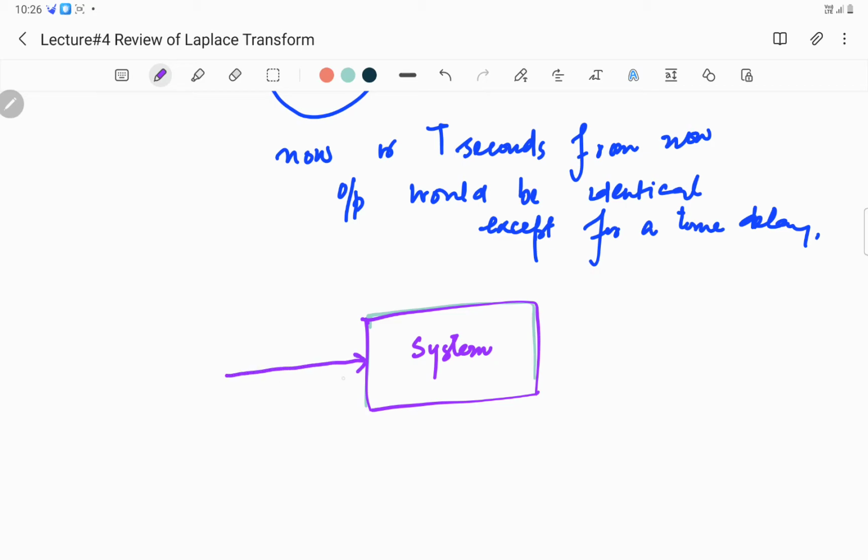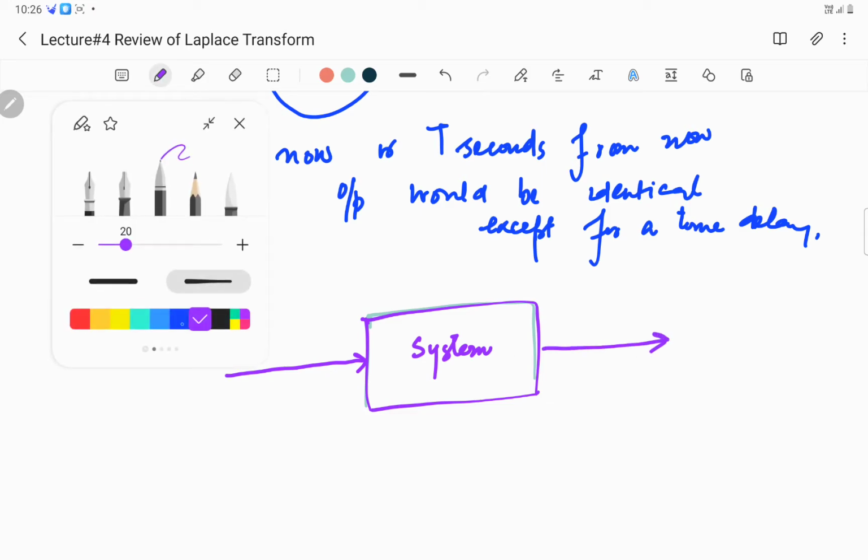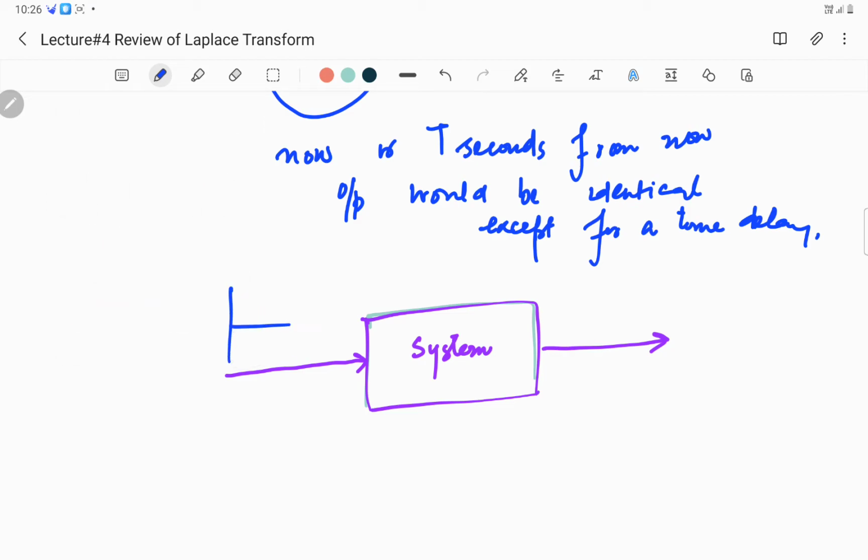Say, to this system, our input is this signal. And let us say that this system behaves like an amplifier, a time invariant amplifier. So the response would have the amplitude higher than the input.